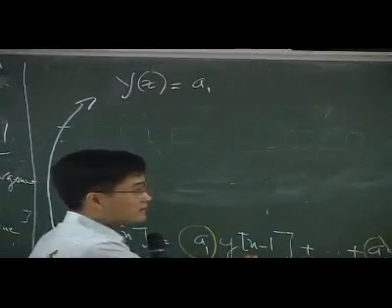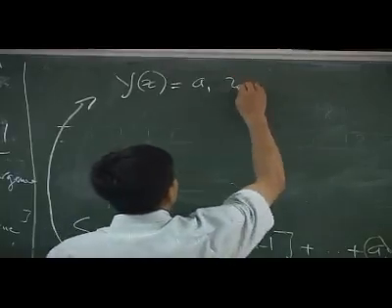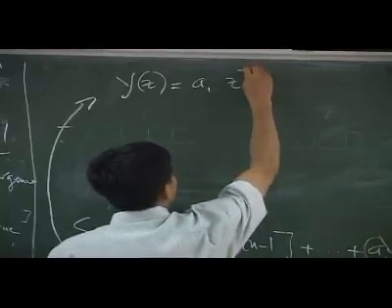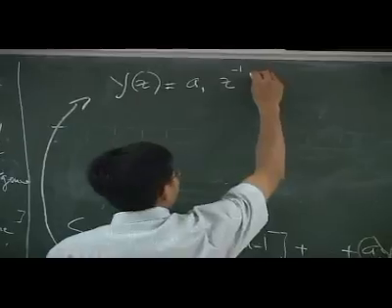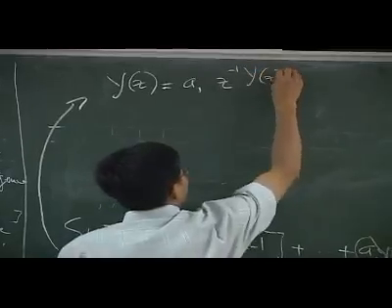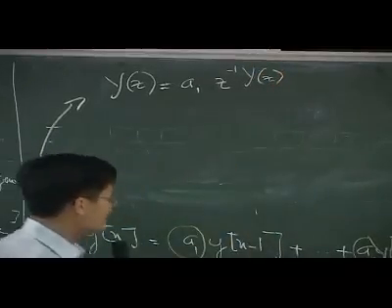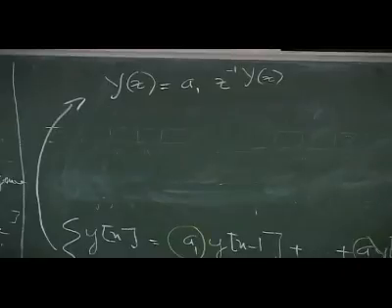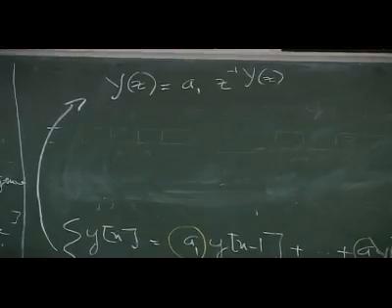Z to the power minus 1, Y(z). It's not hard to see, isn't it? Because if I take a signal and delay it by n minus 1, I just replace n with n minus 1 here, and suddenly a z minus 1 pops out. Very simple to show.